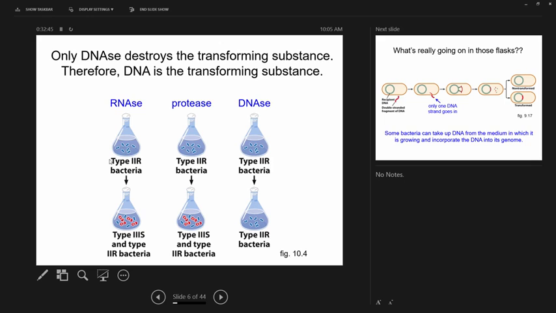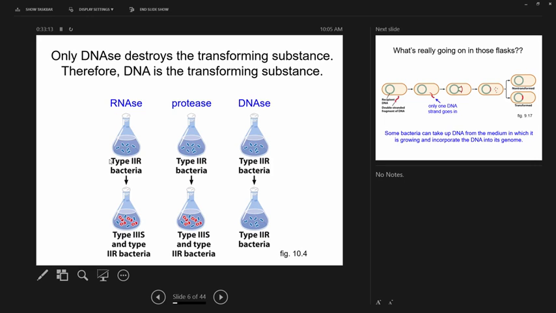However, with the type 2R bacteria, when the DNase treatment was used, they only found type 2R bacteria, no type 3S, and when injected into a mouse, these had the same effect as untreated control 2R cells. They did not cause any illness, and the mice lived, and no type 3S was ever seen there.